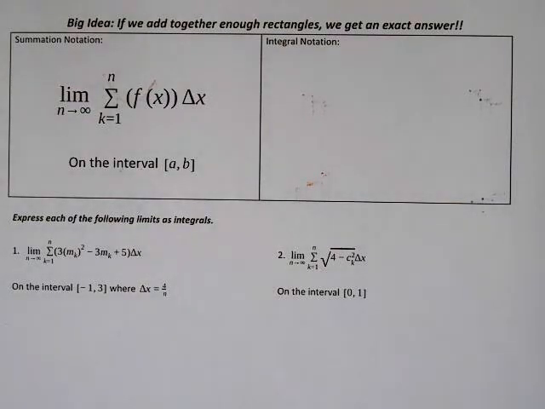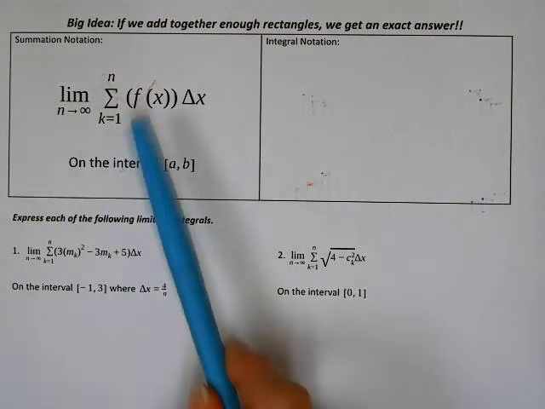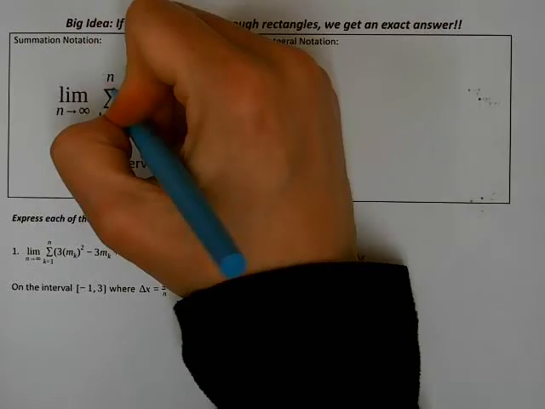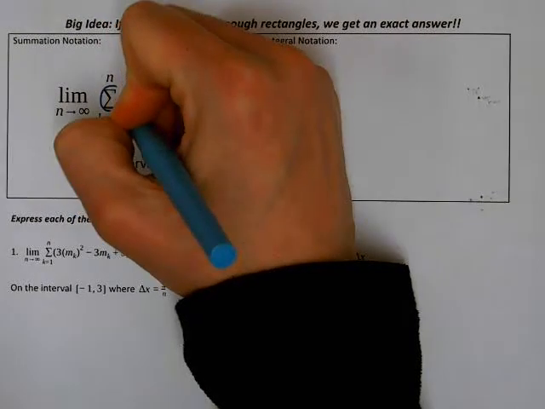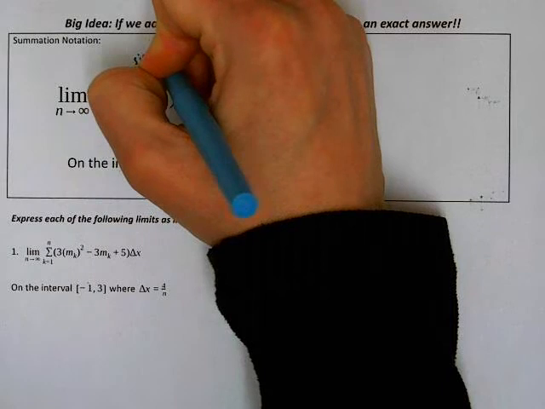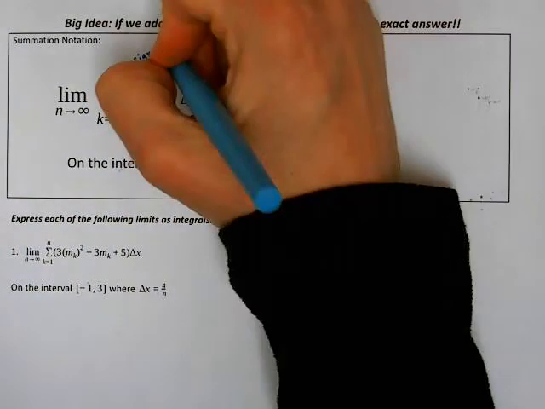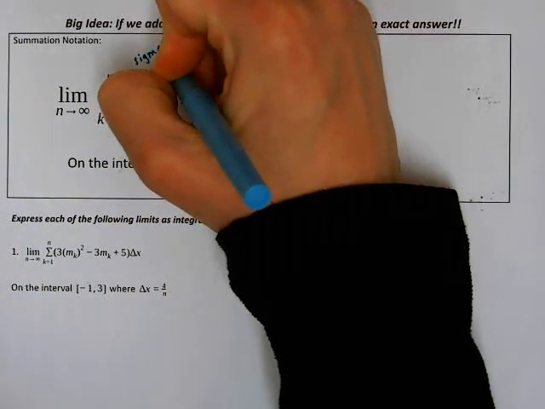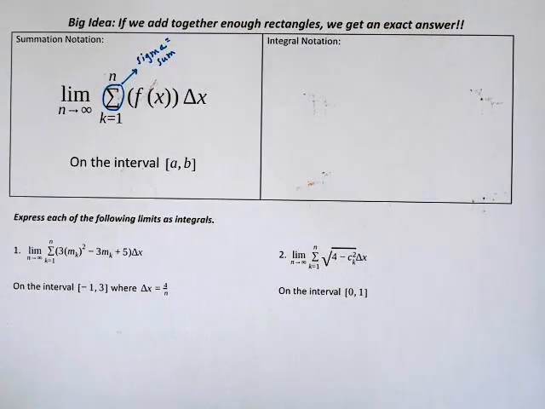So we're going to connect up some notation that can be used to represent this idea. So here's how it looks. This is what we call summation notation. So this right here is what we use. It's called sigma, and it's used to represent a sum. So we're adding things up.